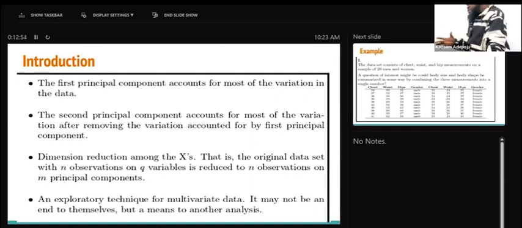The question is, when do we consider PCA? When do we consider using principal component analysis? Number one reason is when you have a lot of explanatory variables that are correlating, and you don't know the one to drop.